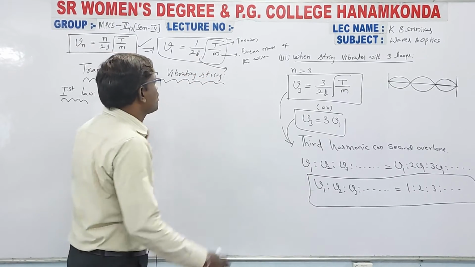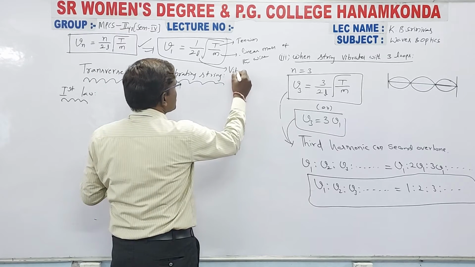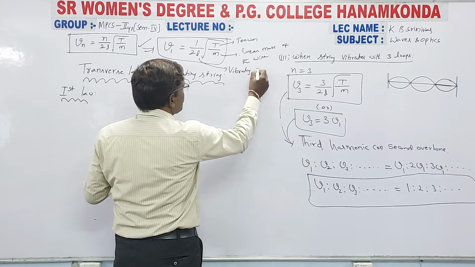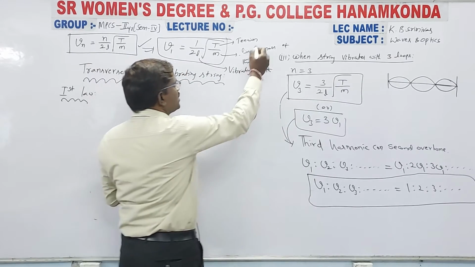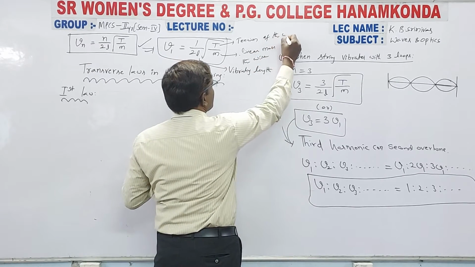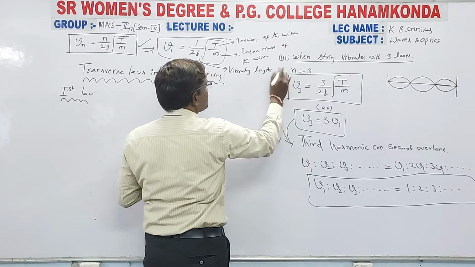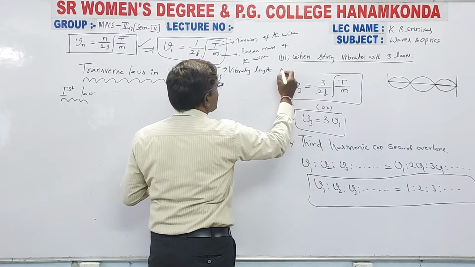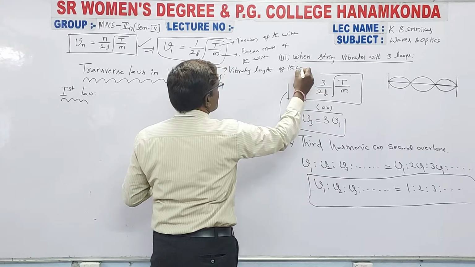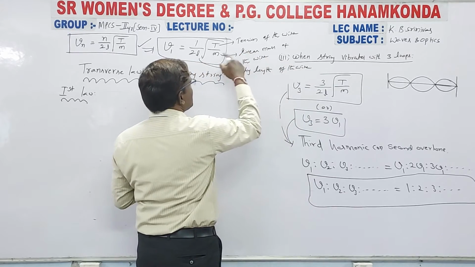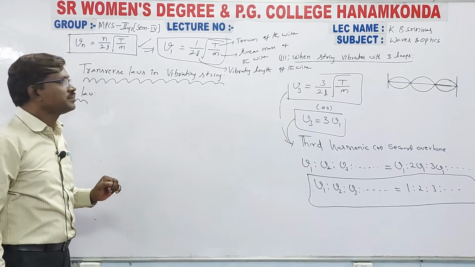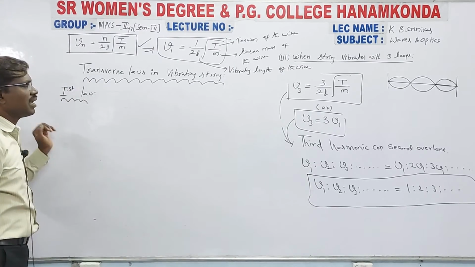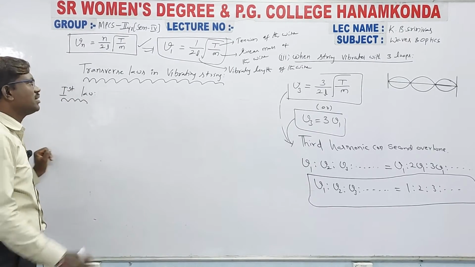Small l. So vibrating length. Simply this is vibrating length of the wire. This is tension of the wire or tension of the string. This is vibrating length of the wire. Clear? This is linear mass of the wire. Is that clear? So we are having 3 laws in the string known as what?